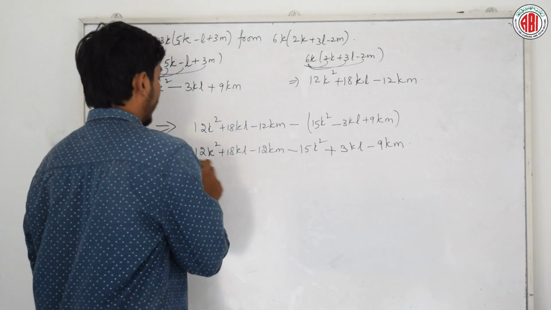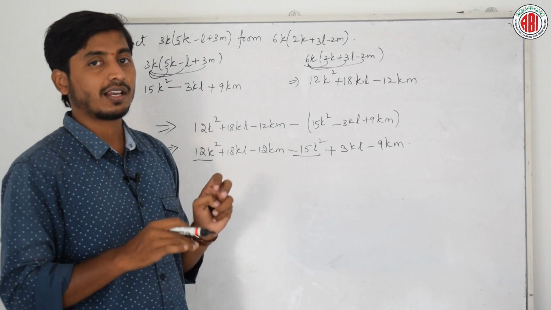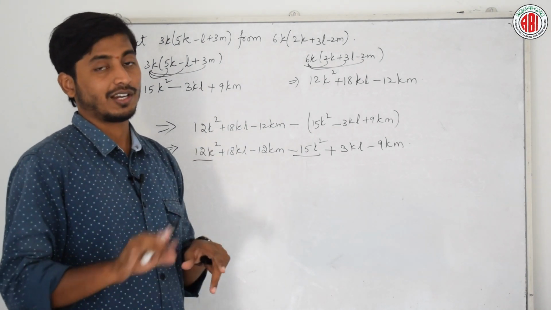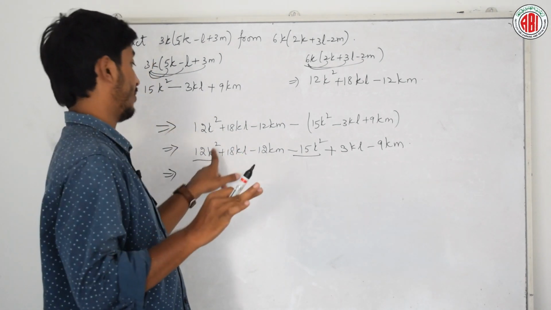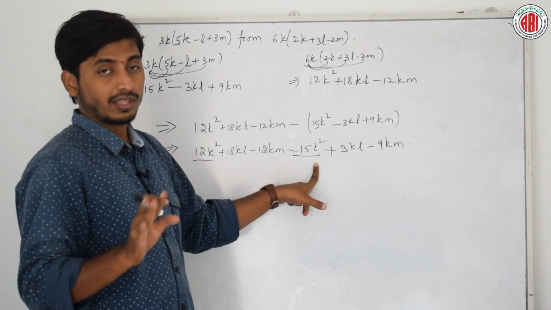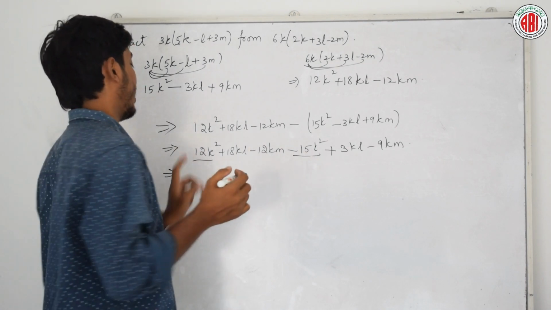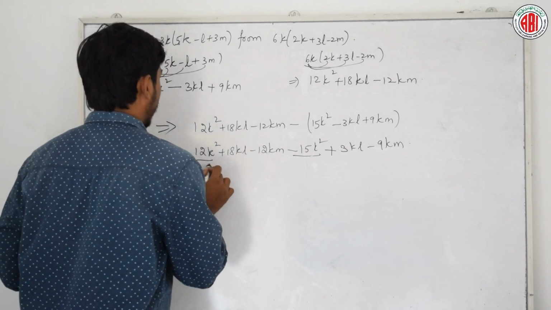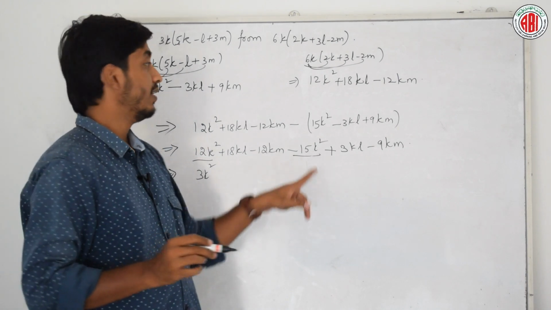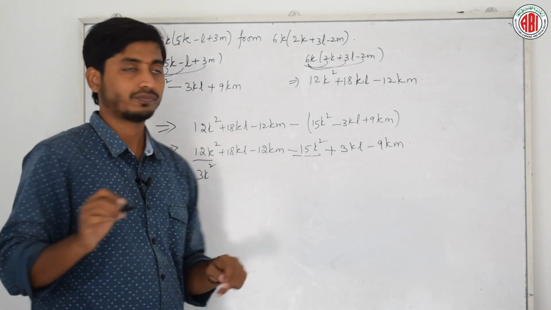Now see here, 12k square, 15k square. 15 chocolates minus 12 chocolates will get 3. Similarly here also, 12 minus 15. Both are two different numbers, both have different signs, then we have to subtract. 15 minus 12 is 3k square. But if you observe, the bigger number has negative sign, therefore we will get it as minus 3k square.